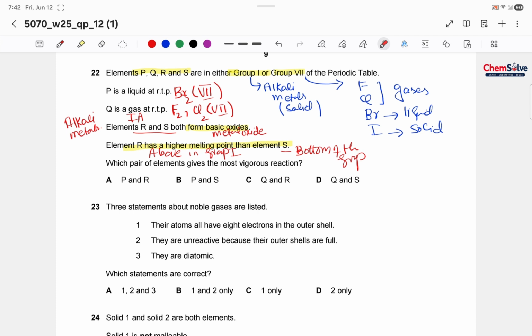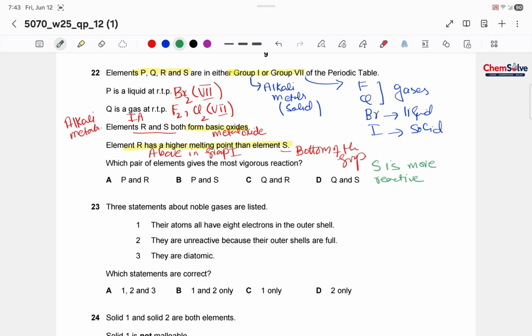It means that S would be more reactive. S is more reactive. Why? Because it is at the bottom of the group, and in alkali metals reactivity increases down the group. So the elements which are at the bottom would be more reactive.